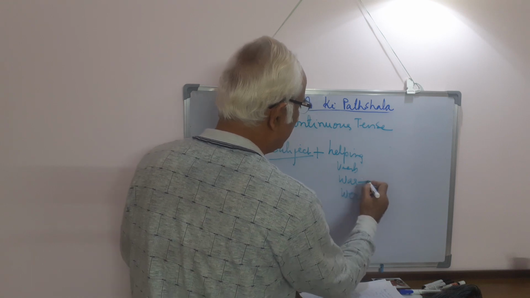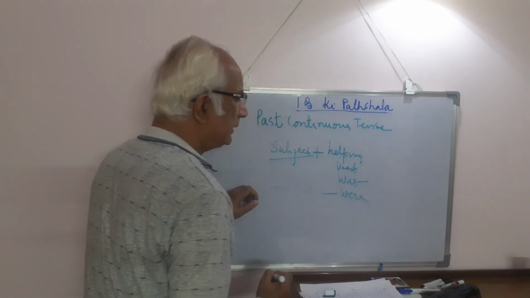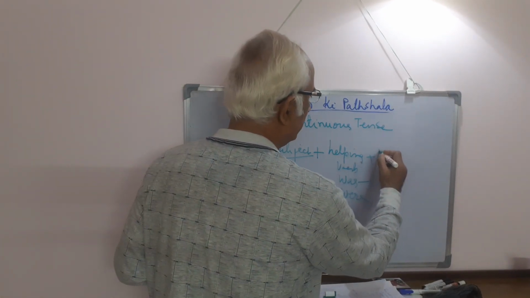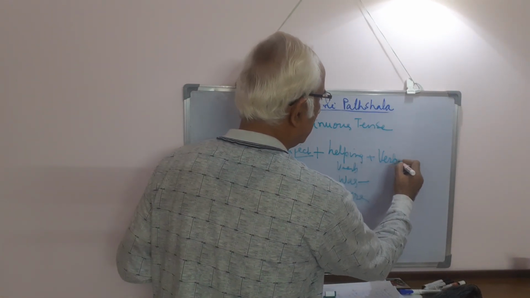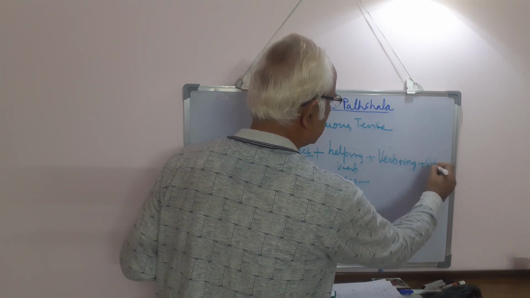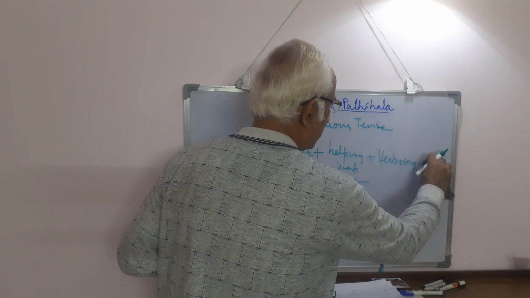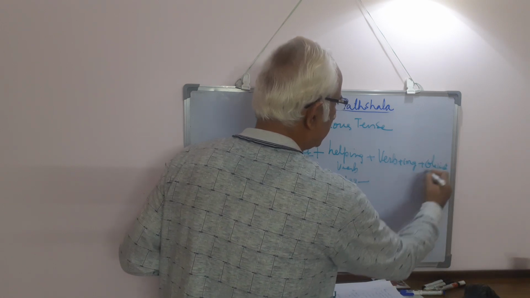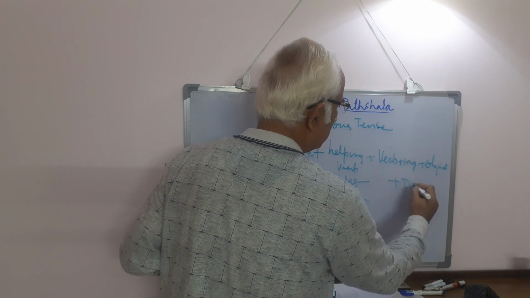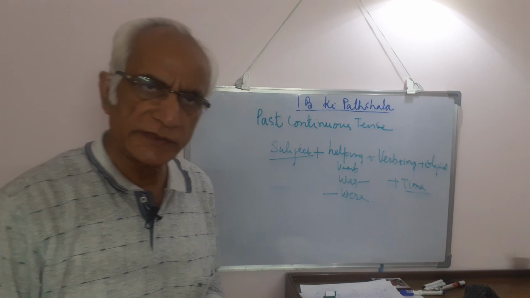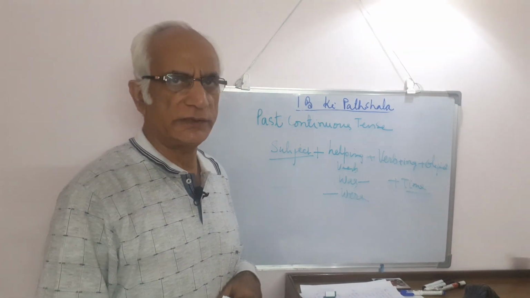Was will be with the singular, were with the plural. Then the verb in ing form, and then the object, and sometimes even the time frame. In some sentences we mention the time, sometimes we don't mention the time.